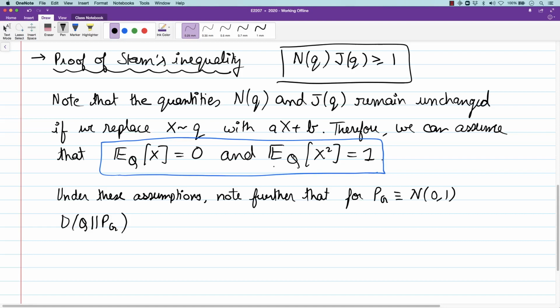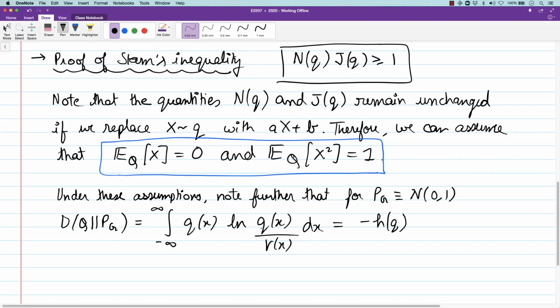So basically same mean and variance as this X. So this can be written as expected value under Q of ln qx by gamma x, where gamma is the Gaussian density, dx. And this first term is just minus hq. That's how we defined hq.